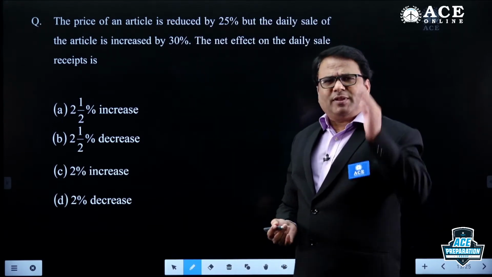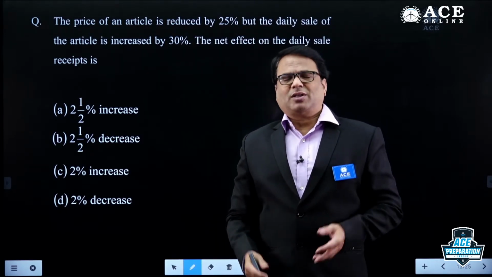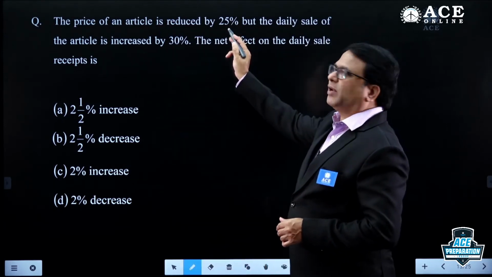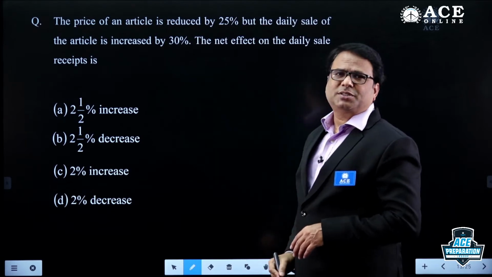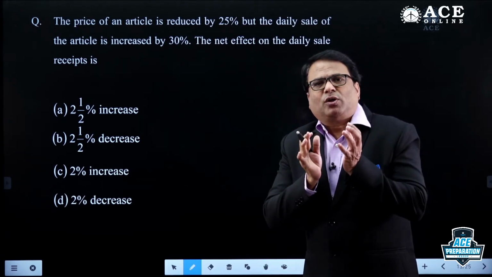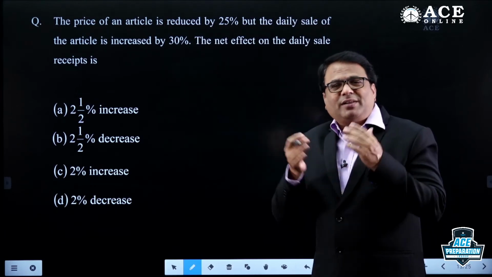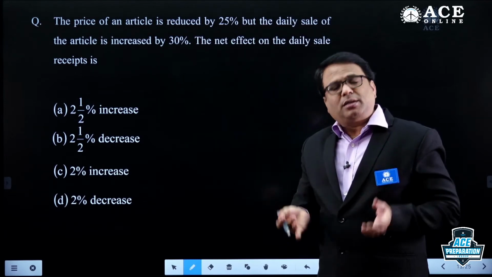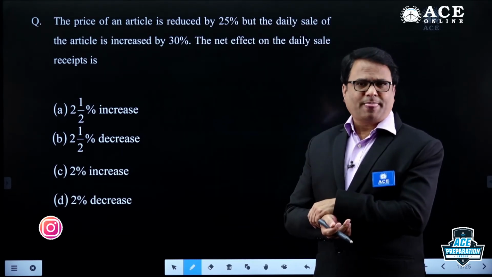Automatically when price decreases, demand increases. We all know it. These are all market dynamics. Then what is the effect on the revenue? Is the revenue increasing or decreasing? If it is increasing, by what percentage? If it is decreasing, by what percentage? That is the question.